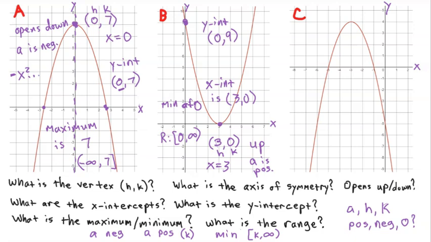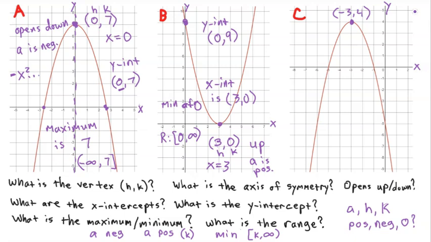Now let's answer all the same questions for C, but we're going to go a little bit faster because I've already explained them all. What is the vertex? The vertex is right here at the turnaround point, and that looks like the point -3, 4, okay, -3, 4, and so H is negative and K is positive, okay? What is the axis of symmetry?